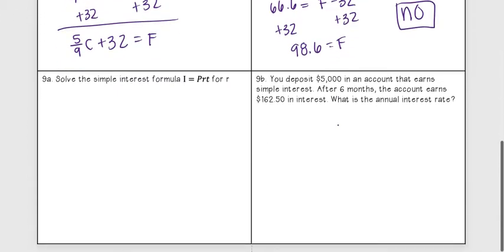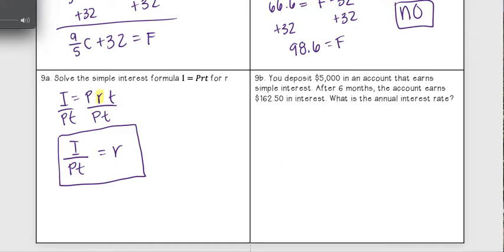Okay, go ahead and pause the video and try completing this next one on your own. So when you did 9a and you solved for r, you should have gotten that r is equal to I divided by pt. So now do the next one. It's important to know what these letters stand for.